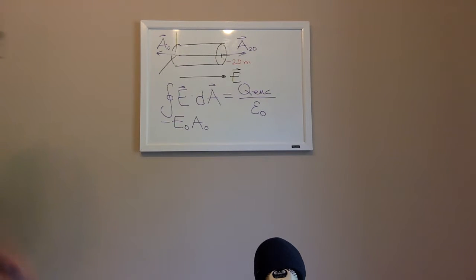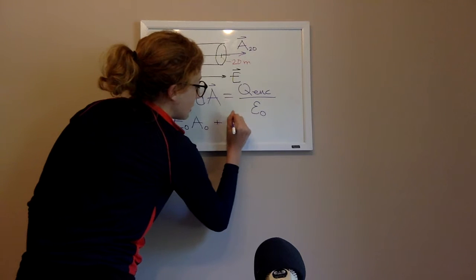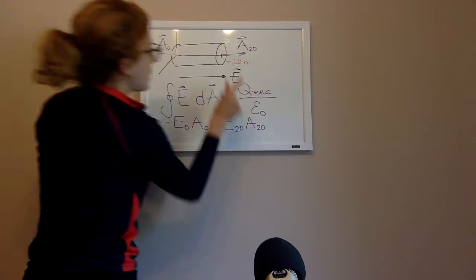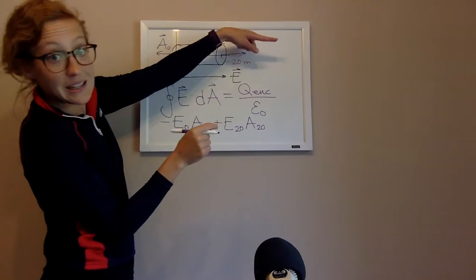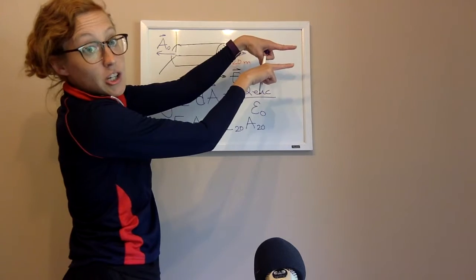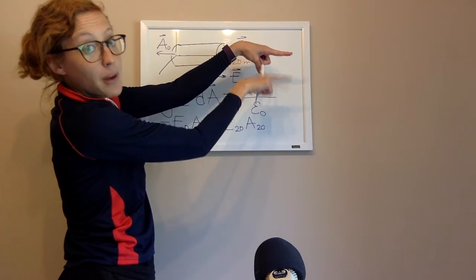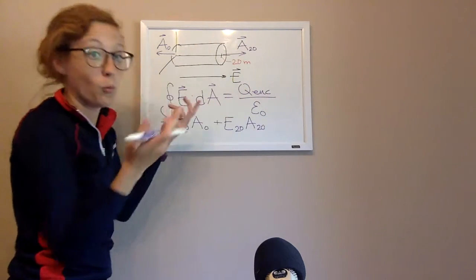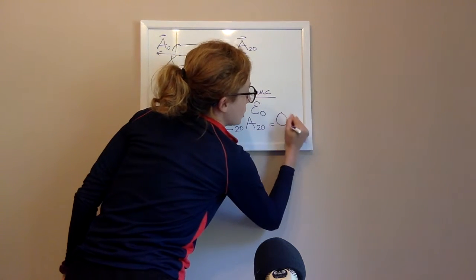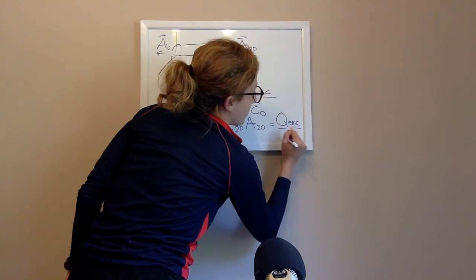So there's that first bit, and then I'm going to add E20 A20. Right here, A20, that end cap on the right side, and the E vector are pointing in the same direction, an angle of 0 degrees, and a dot product lands us with just a positive 1. So we just end up with plus here. That equals Q enclosed over epsilon naught.